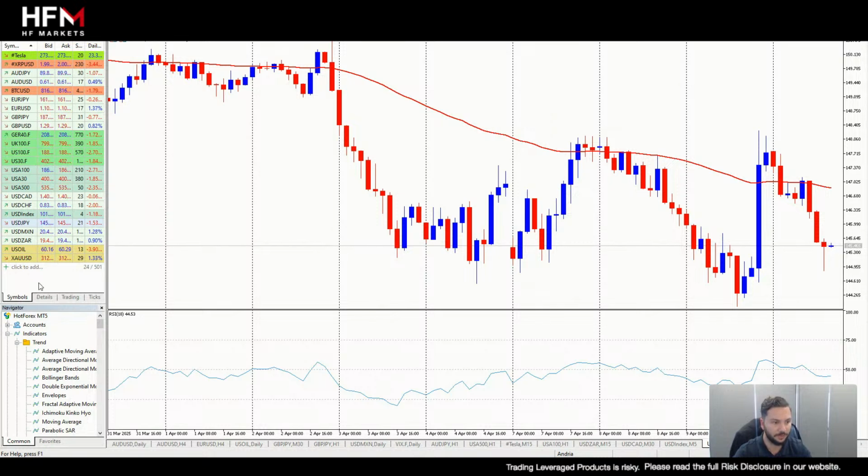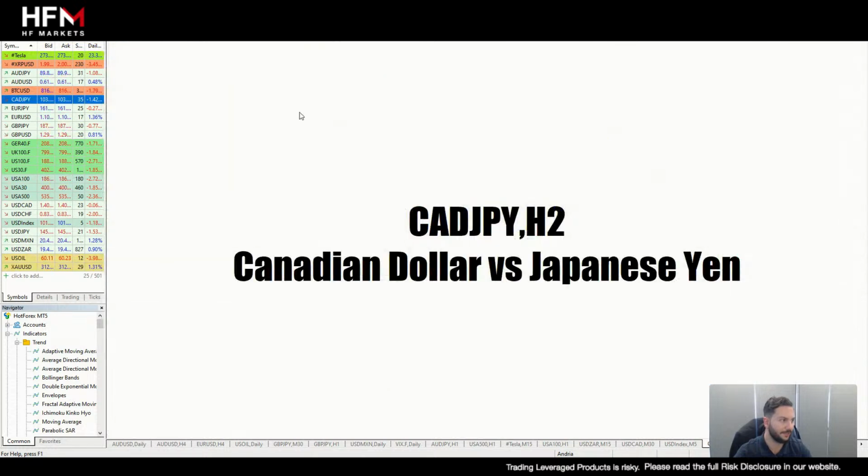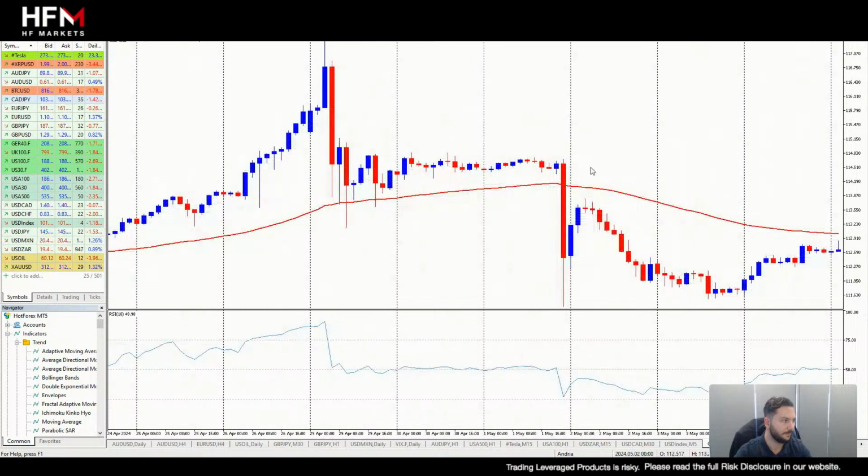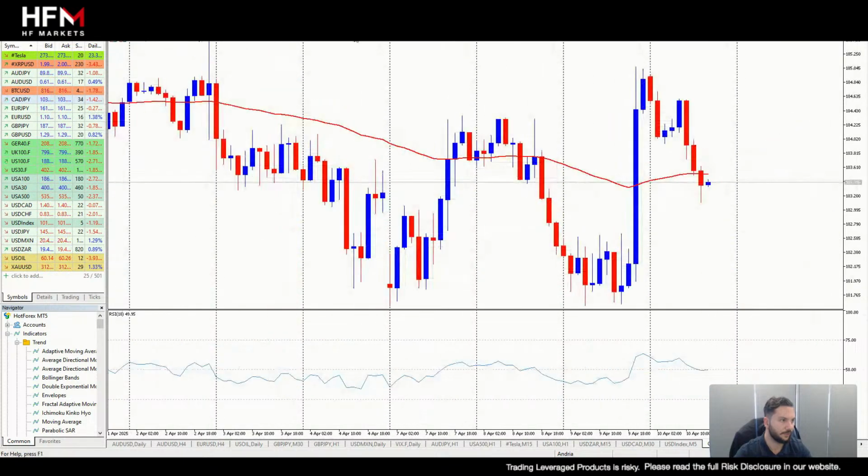So we can look potentially at the CAD JPY, for example. There we go, CAD JPY. Let's go to today's price movement. You can see now that that has just, for the very first time today, dropped below the 75 bar EMA. That indicates downward price movement.